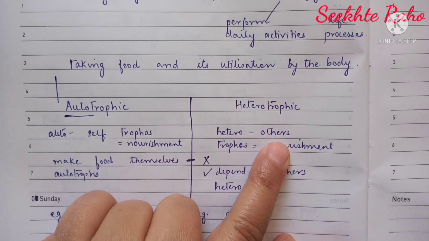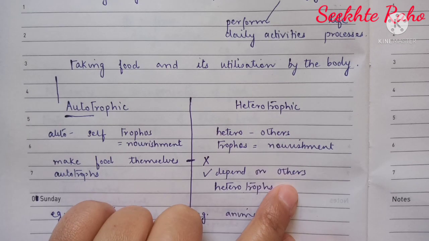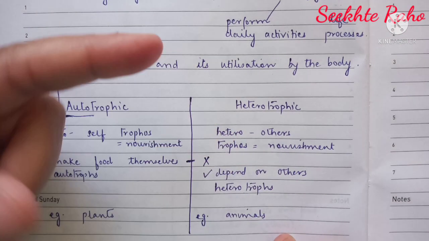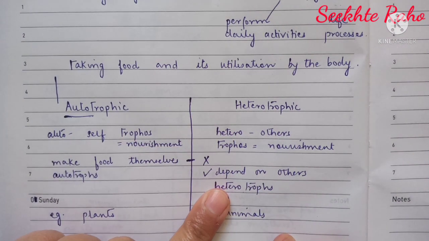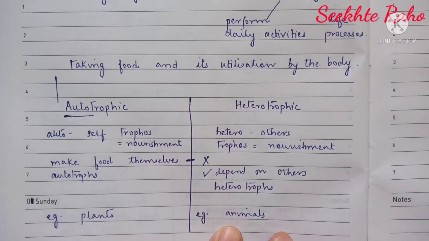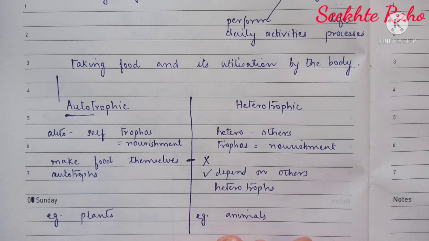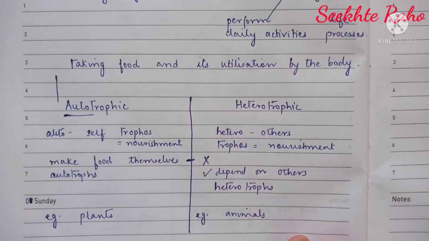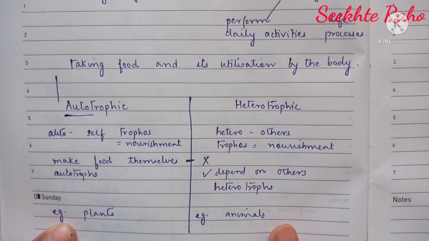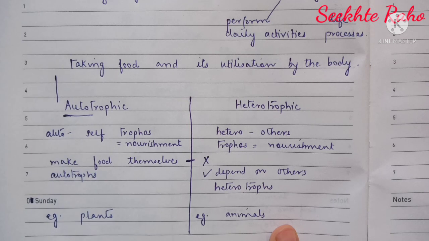Heterotrophs, they do not prepare the food on their own, but they depend on others for their food, like animals. Human being derives food from plants as well as animals, right?